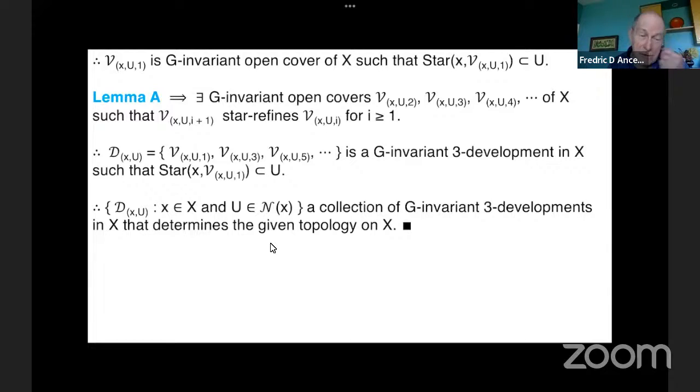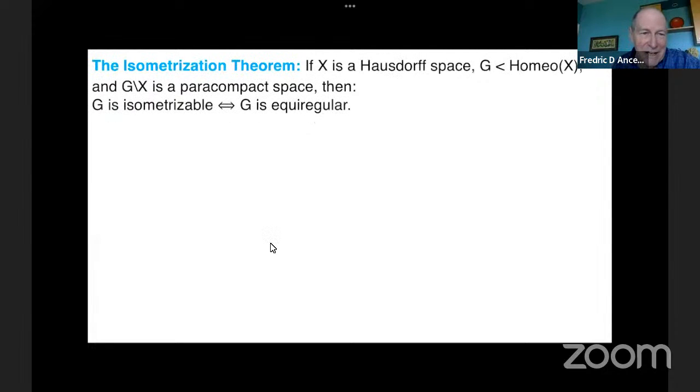So in other words, this tells me how to get these G invariant 3 developments that I need, and then I can prove the isometrization theorem. I think I sketched the more interesting direction of the proof. The opposite direction is straightforward.